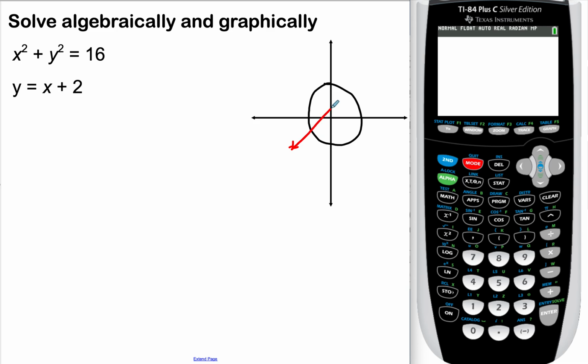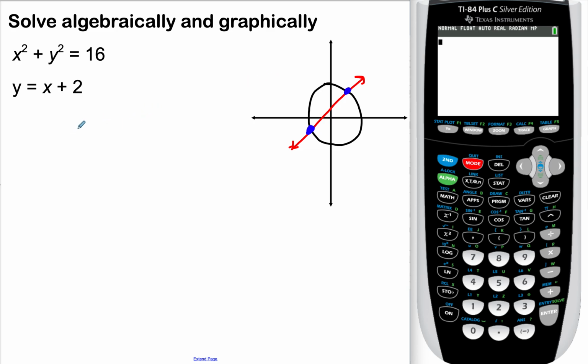What we need to be able to identify roughly is that there are two intersection points of the circle and the line. Algebraically, we're going to determine exactly what they are, more or less. They might not end up being whole numbers. And then we're going to use our simulator software to see what actually happens.